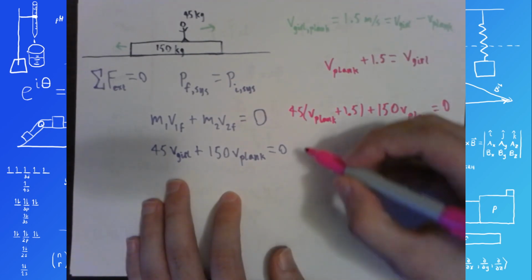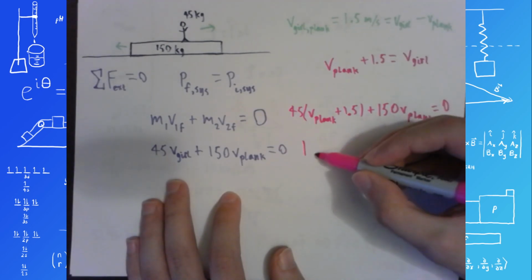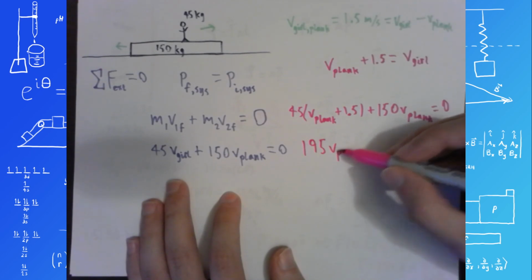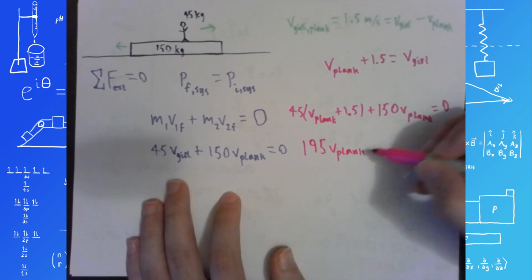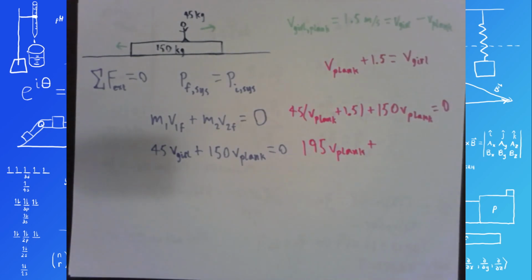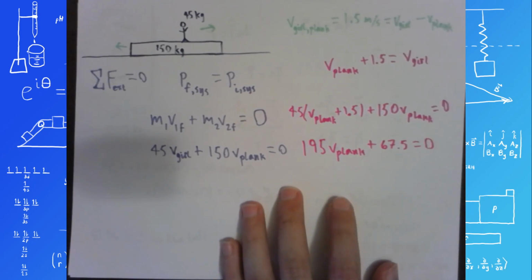Distribute the 45, so I get 45 V plank plus 150 V plank is 195 V plank, and then plus 45 times 1.5, I think, is 67.5. Let's double check. Yep, 67.5. Equals 0.